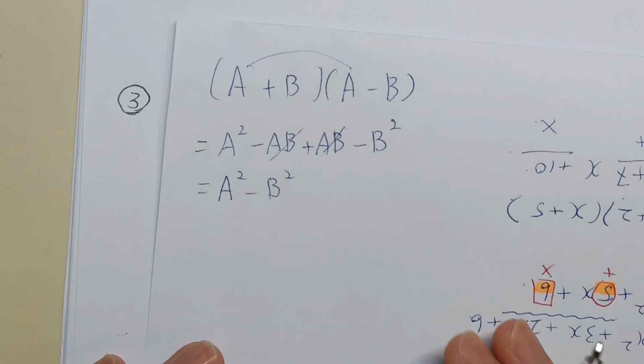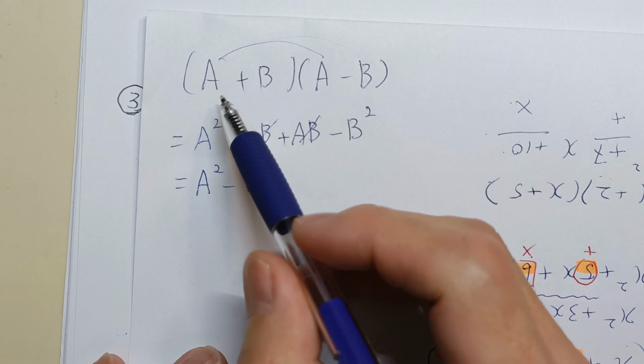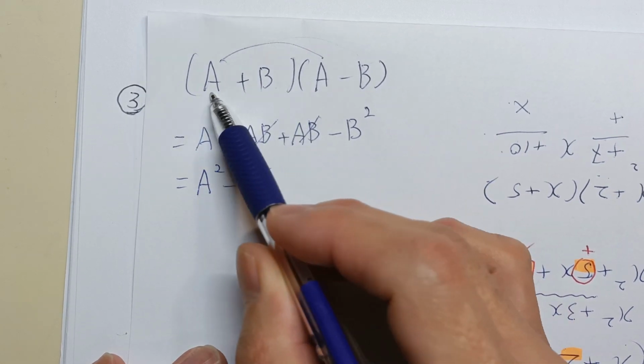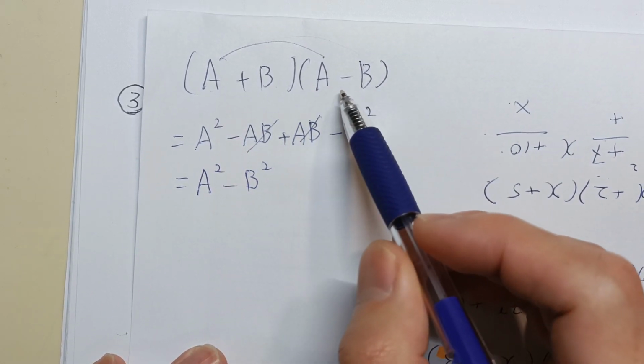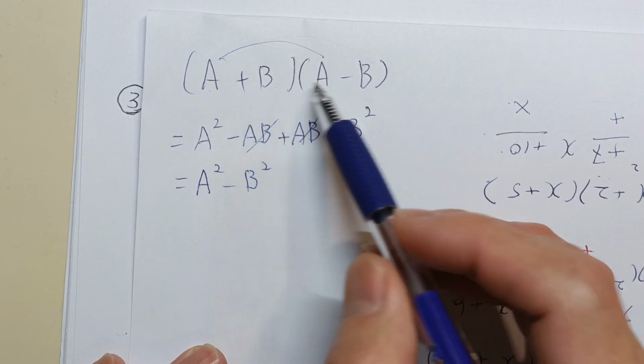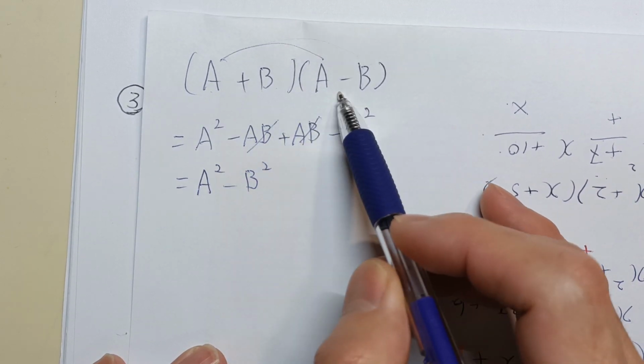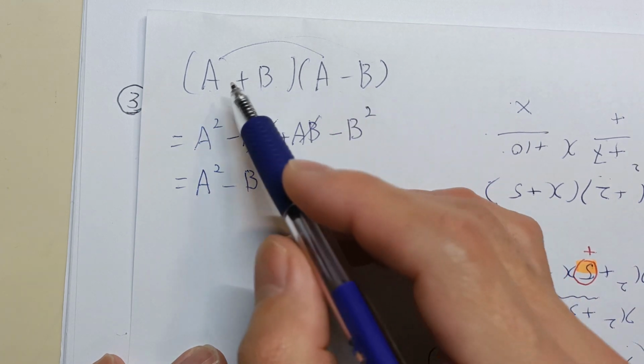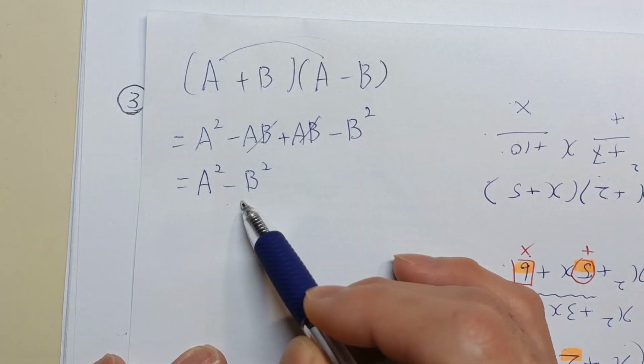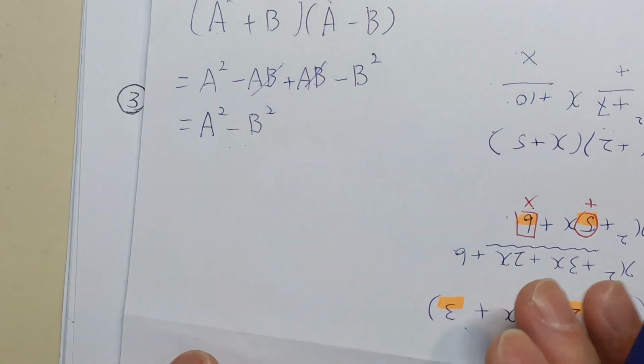What I want to say is if the term is the same left and right, and then the sign between is opposite, you just simply do left squared, take away right number squared.